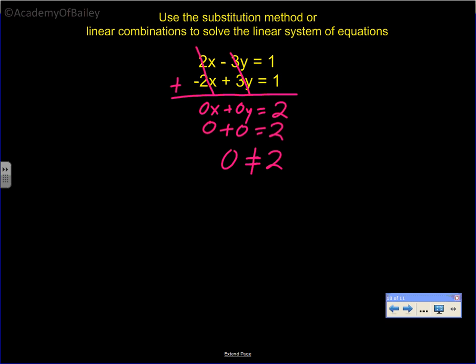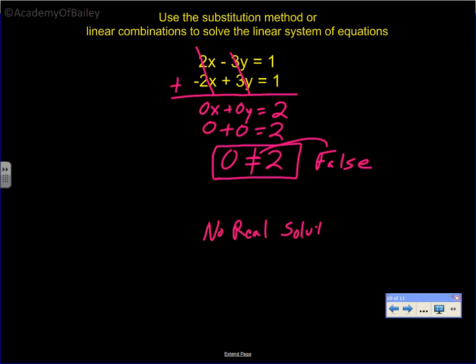And when you come up with a statement where there are no variables, so you're just looking at numbers, and you come up to this statement where 0 is not equal to 2, a false statement, that's why you put the not equal to sign in there, the answer will be no real solutions.